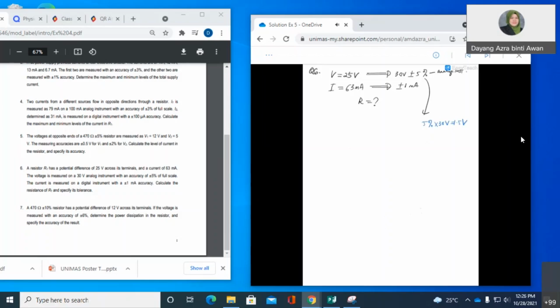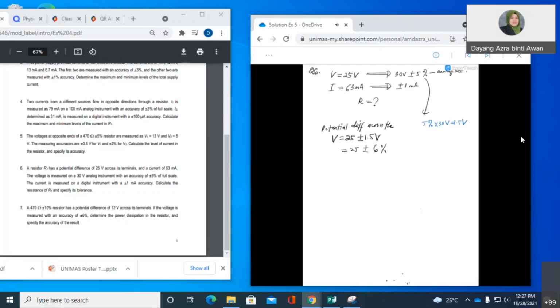So the potential difference across the resistor will be V equals 25 volt plus minus 1.5 volt, or you can change it to a percentage value, which is around 6%.